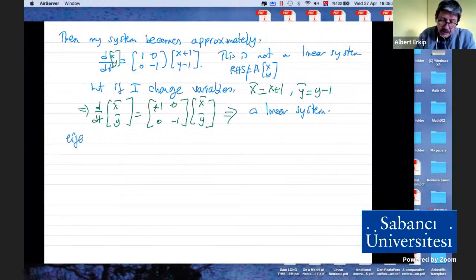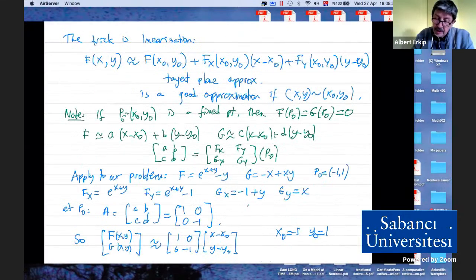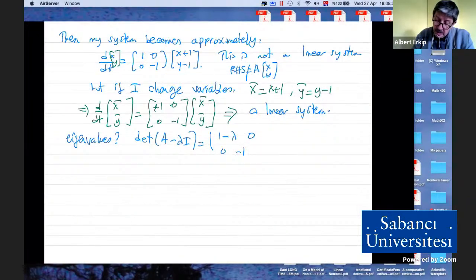What about the eigenvalues? So I have to look at the determinant of A minus lambda I, which is the determinant of 1 minus lambda, 0, 0, minus 1 minus lambda.